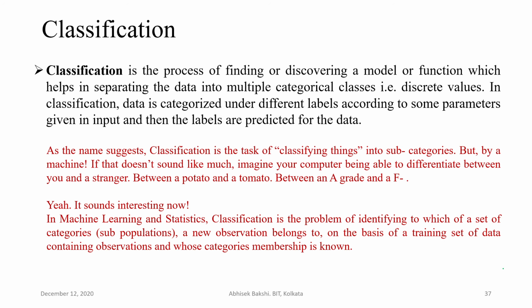In classification, data is categorized under different levels according to some parameters given as input, then levels are predicted for the data. So we already know the basic idea of classification. I have repeatedly told you many times, so I don't think a similar explanation is needed again.